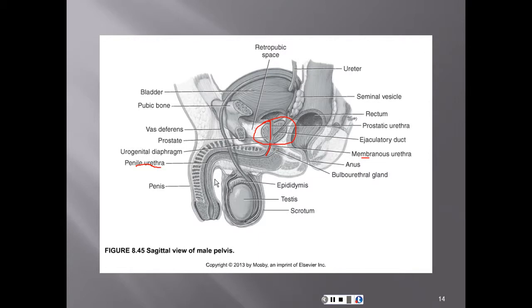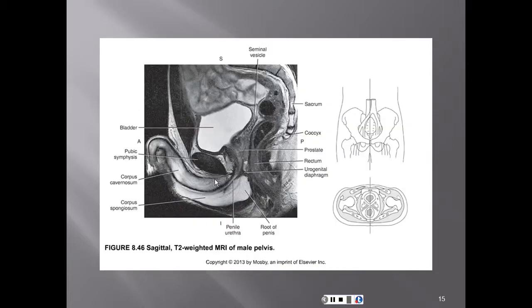And this image is on 519. So this is a sagittal T2 weighted MRI of the male pelvis, and we want to clearly identify the sacrum as well as the coccyx. The prostate is important, the rectum is important, the urogenital diaphragm is important. Corpus cavernosum is part of the penis. The bladder is important.